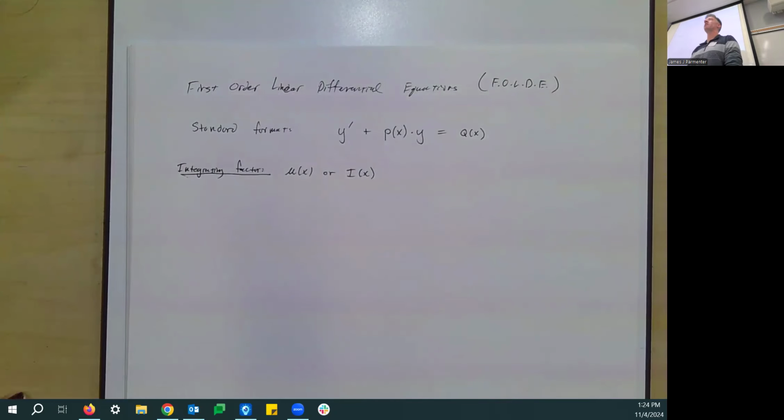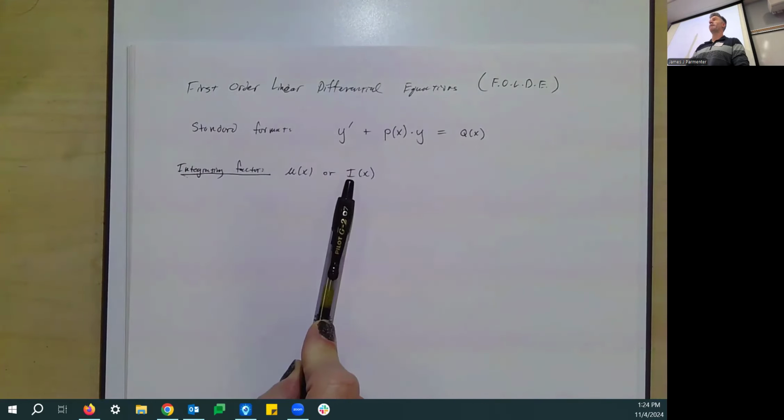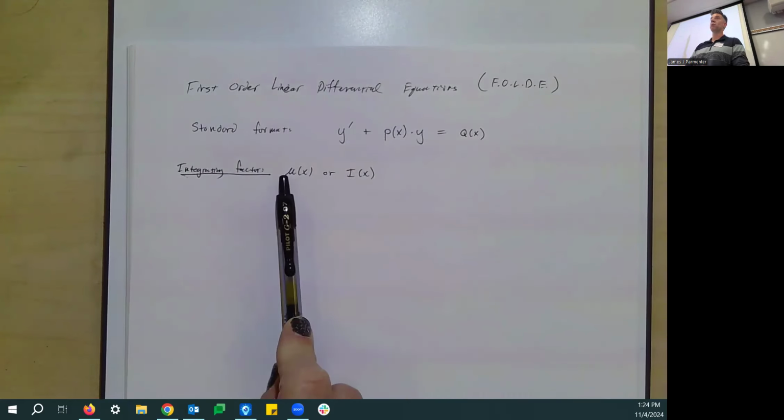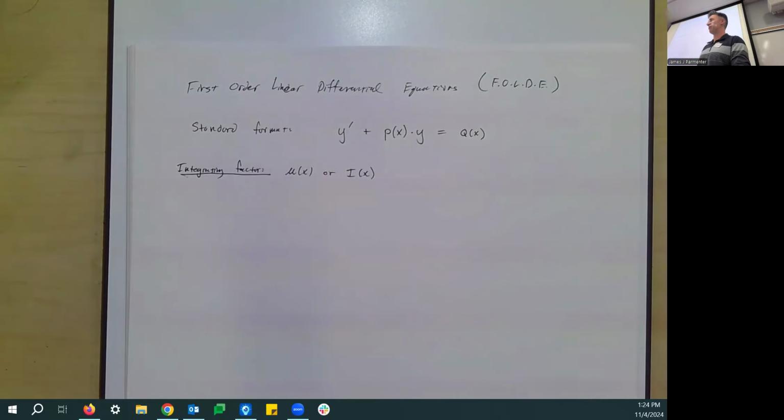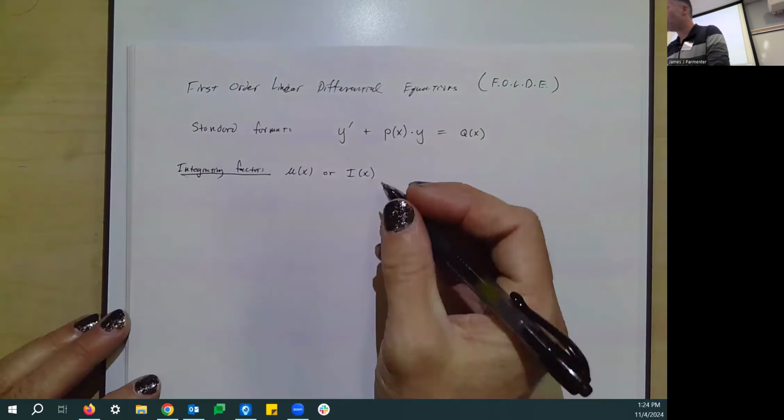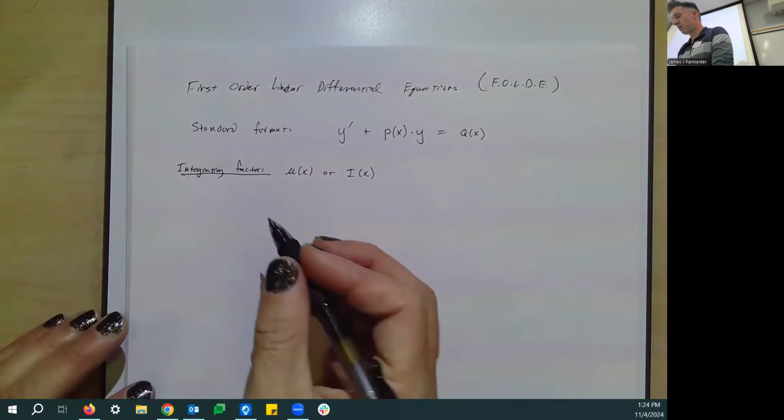Is there any class that hasn't talked about integrating factors yet, or first order linear differential equations yet? Okay, great. For the classes that have talked about it, who's used I? I know somebody has. I've seen it. Who's used mu? Okay, great. If it was all I's, I would use I, but since it's some mu's and some I's, I will pick what I like, which is mu. But really, I'll probably go back and forth in different problems.